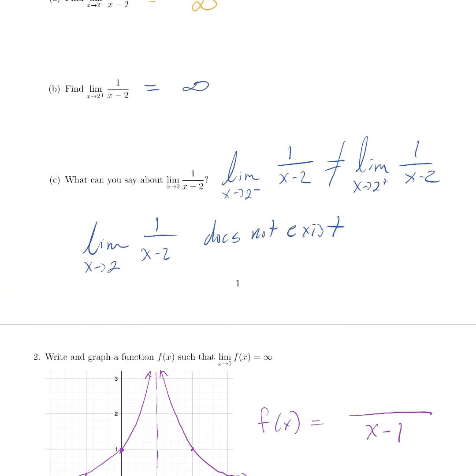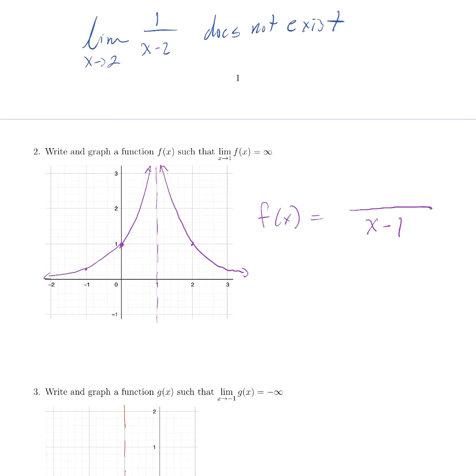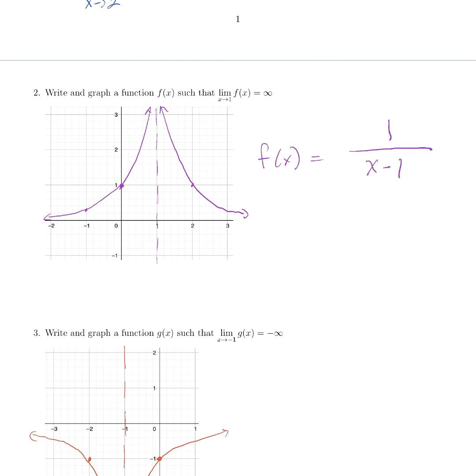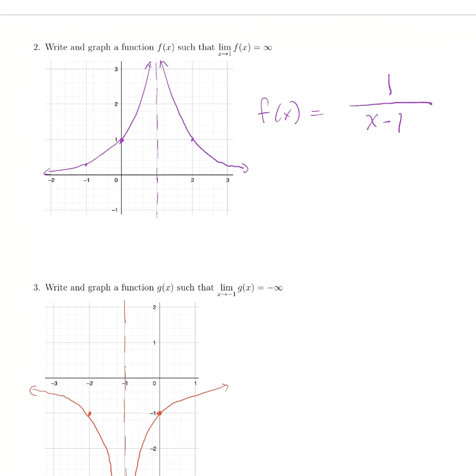If we went ahead and made the numerator 1, our picture would look very similar to the one up here. It would just be shifted over with our asymptote at x equals 1 instead of x equals 2. Okay, but that's not what we want, right? Because now if we put 0 in for x, our output is negative, and we want all of our outputs to be positive.